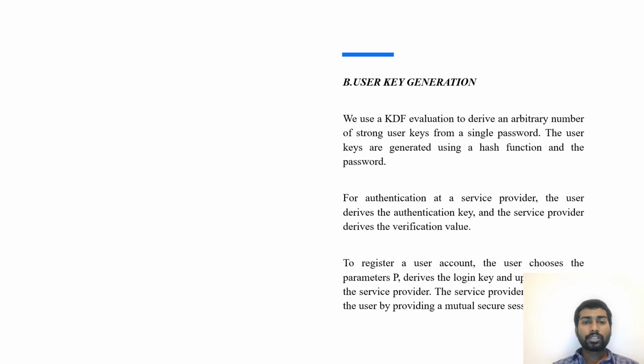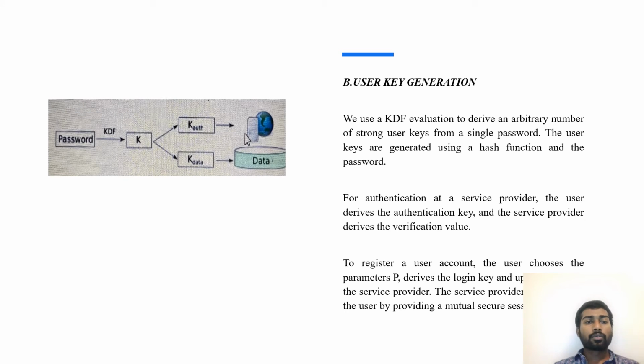So we'll talk about this diagram. What it tells exactly is, we can see, using a KDF, the user derives a base key K from the user password. From the base key, an arbitrary number of user keys can be derived.